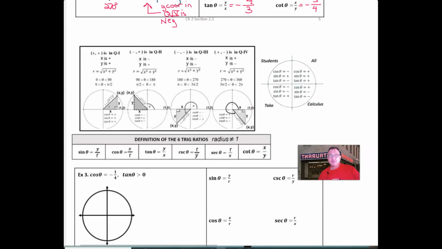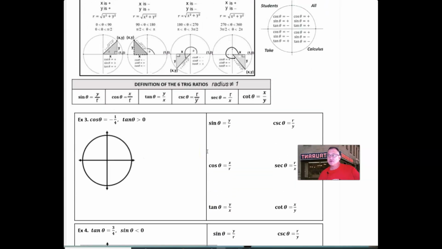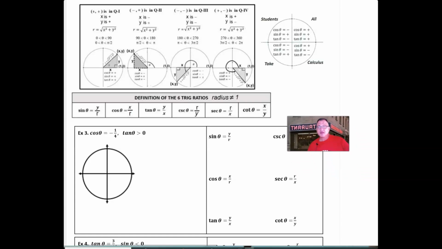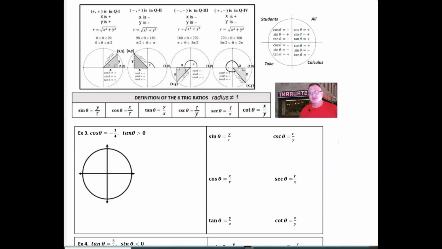Okay, now the next two we get into the numbers. Well, I think the next one, the numbers, we end up with some radicals. All right, now what's different in here is that we're told that cosine is negative.